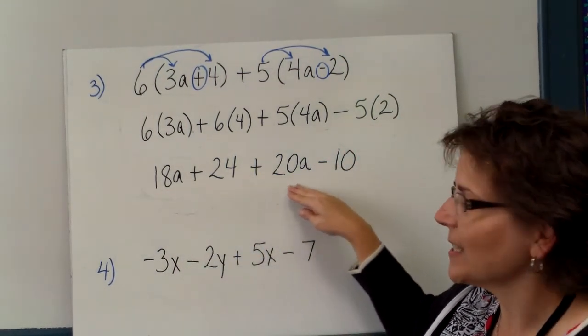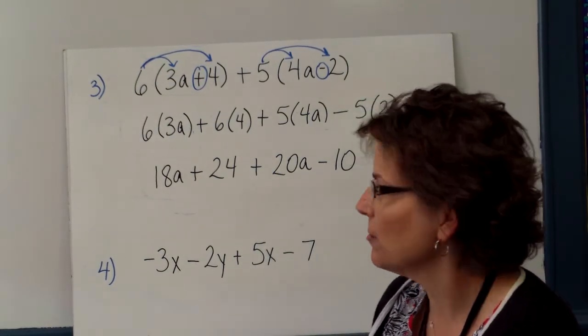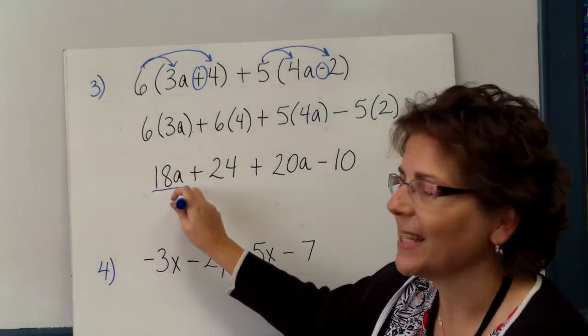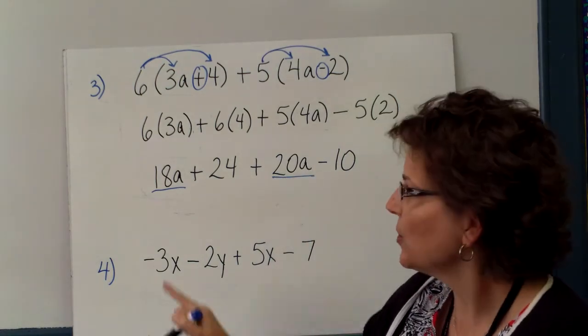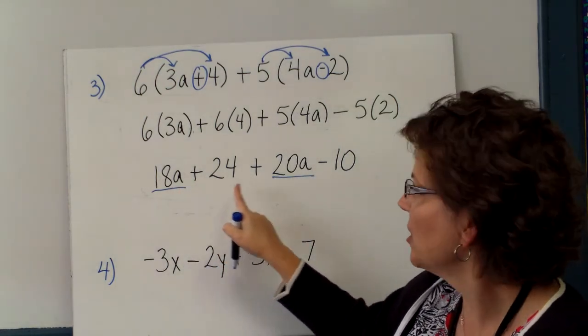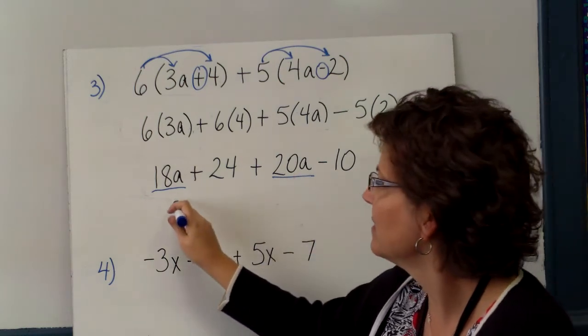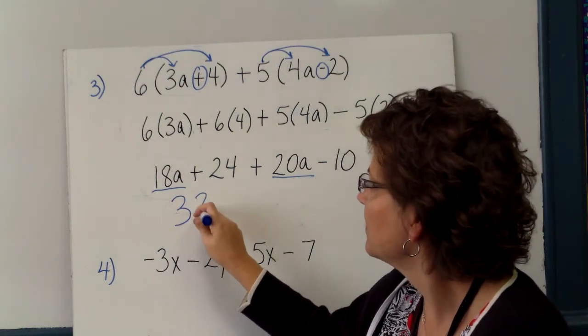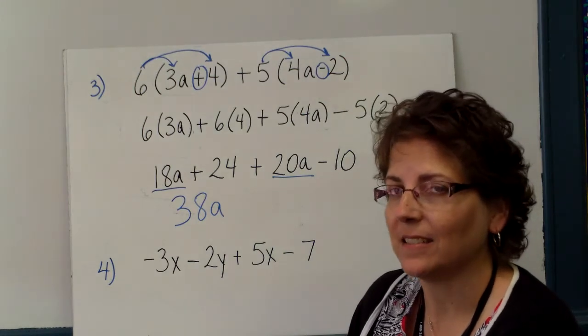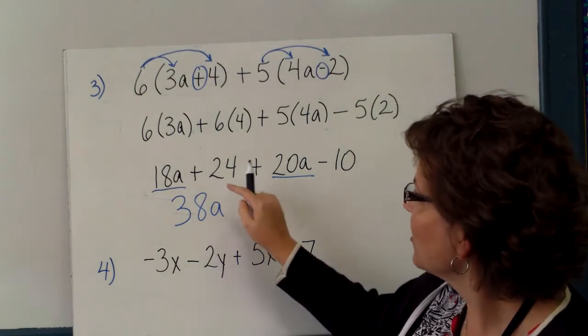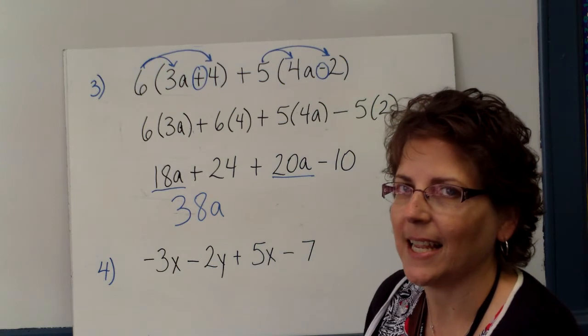Now I've got this, and I've got to figure out what my like terms are. Well, here's something with an a, and here's something else with an a. So I can think of 18a plus 20a together makes 38a.